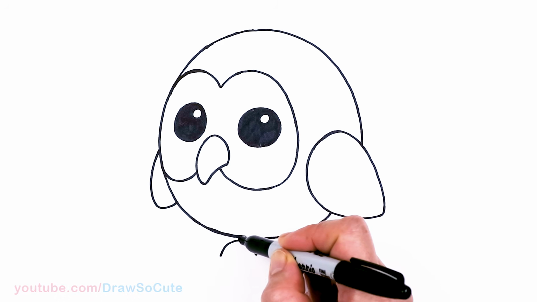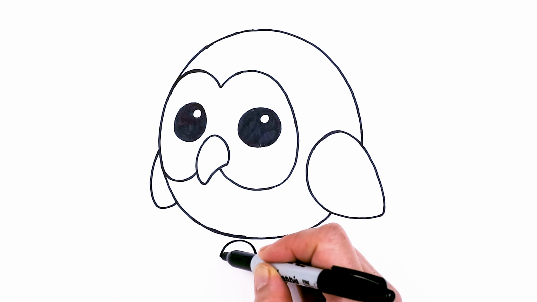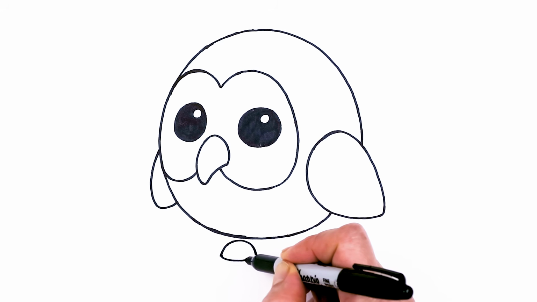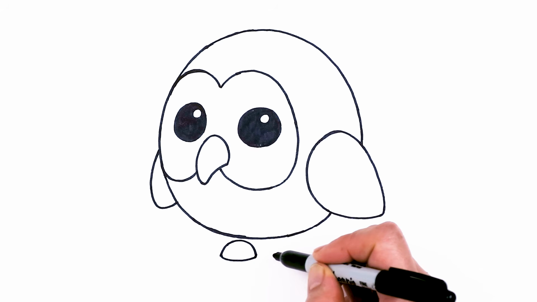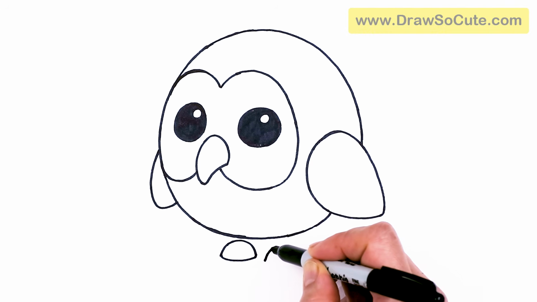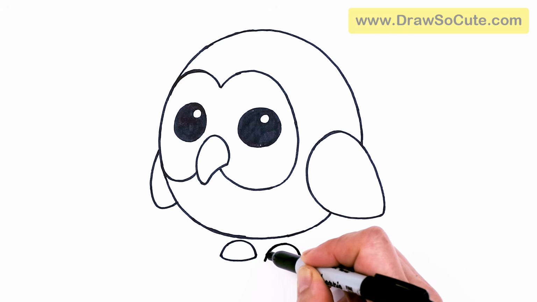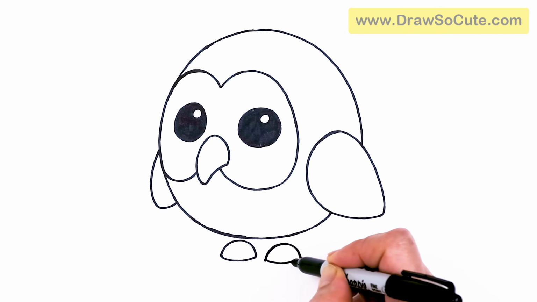Well, actually no, it's like a gumdrop, right? So deep curve, and then right about here, connect it with a soft curve. And then right next to it, we're going to draw another one a little bit lower. And connect.